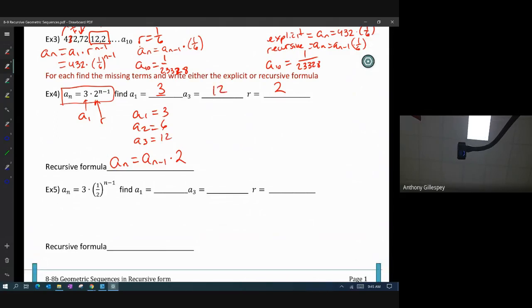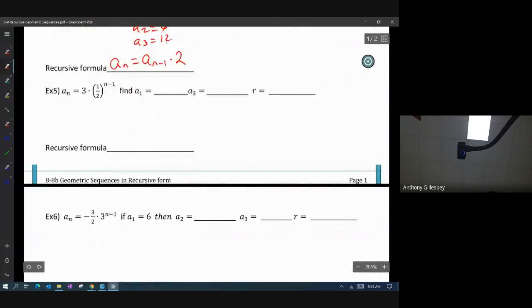Yay, math easy. Okay, stop there. Does that make sense what we did? Once we knew the common ratio is 2, we're just doubling it each time. If I need to find a sub 20, I would never have done that. But if I want to find a sub 2, might as well just get there using the recursive. All right, next one. See if you can figure out what a sub 1 and r are, please.